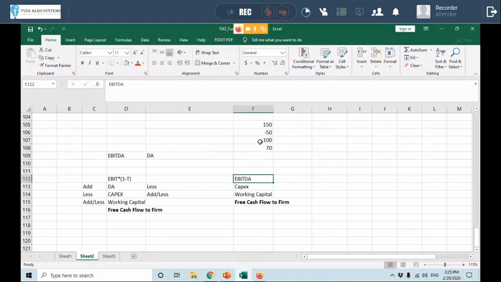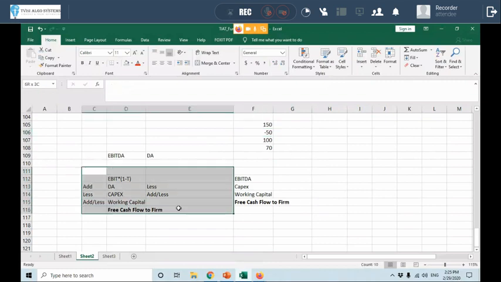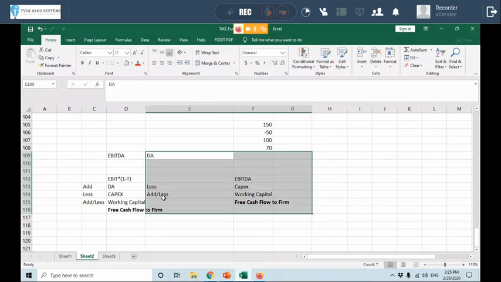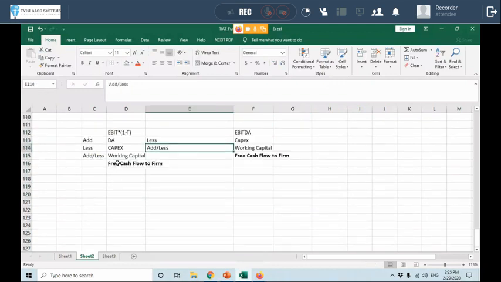In the other case, it is 100 plus 50, which is 150. Though there is deviation, normally people also use that. Right now we will just stick to this. Don't worry about this. Okay, so this is the free cash flow to firm.